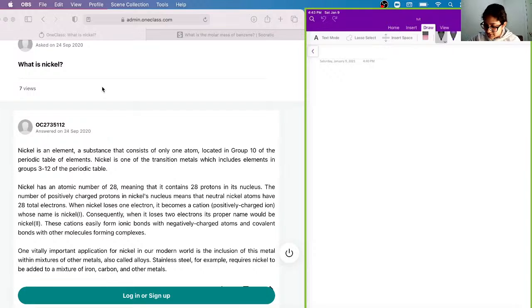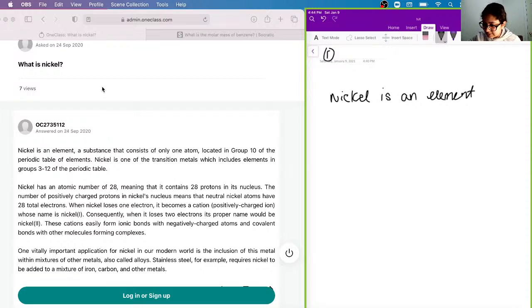So the first question says, what is nickel? Nickel is an element from the periodic table.